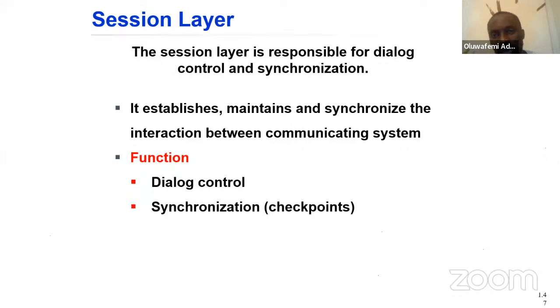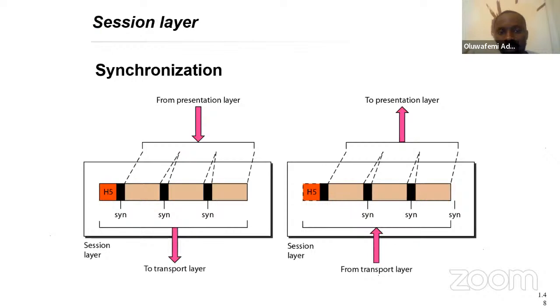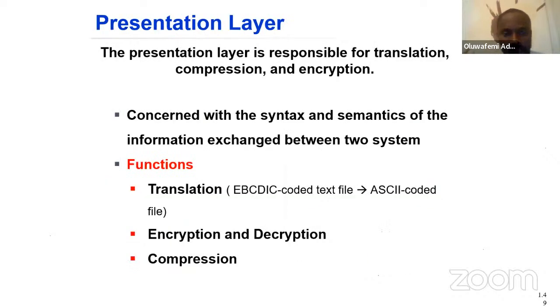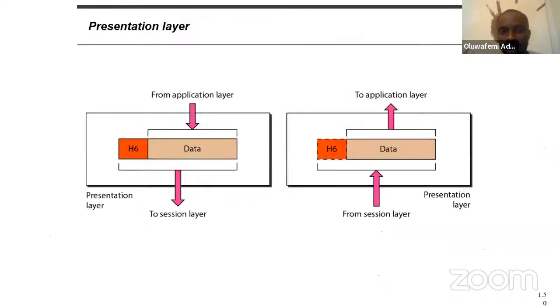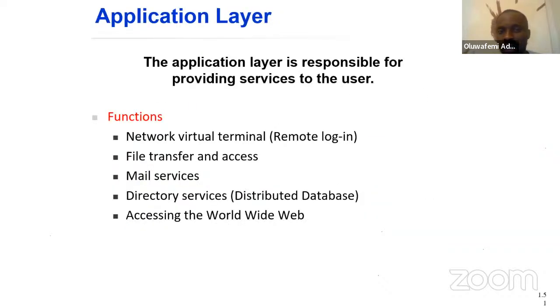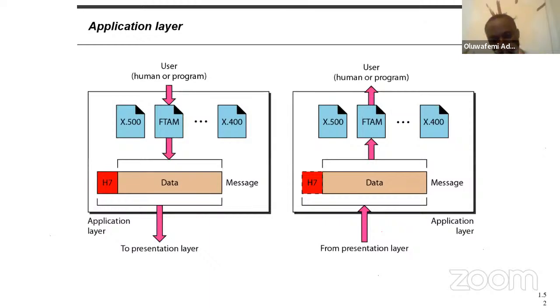So it's responsible for dialogue control and synchronization. It establishes, maintains, and synchronizes the interaction between communication systems, right? Presentation layer is responsible for encryption, right? And then application layer, that is where you have your applications, your mail server, your file transfer, your HTTPS, those are applications, right?